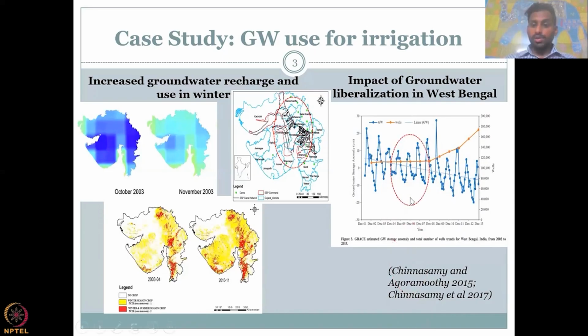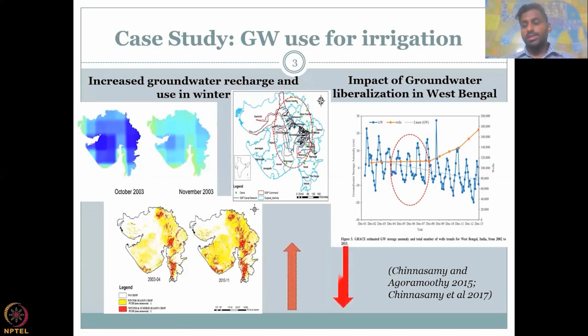You clearly see in 2005, 2006, when it was introduced, it was stable. The groundwater level was fluctuating because of the seasonal pattern, summer, winter, and rainfall, etc. It will come back to the same levels, hover around zero average, but then it starts to decrease. 2006 is when the groundwater market was open.